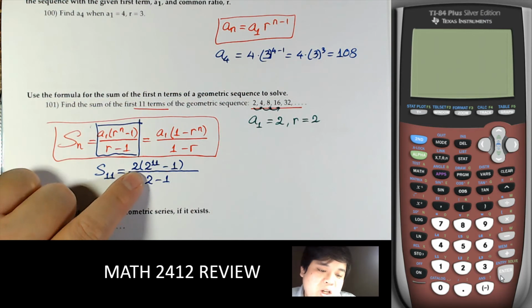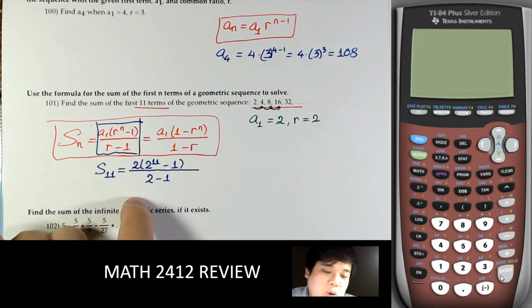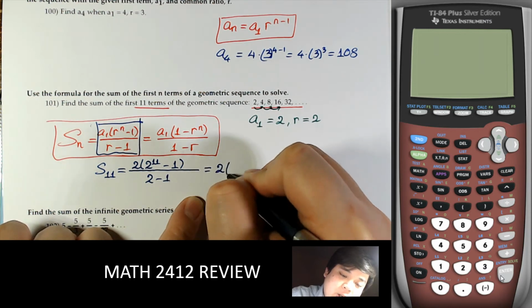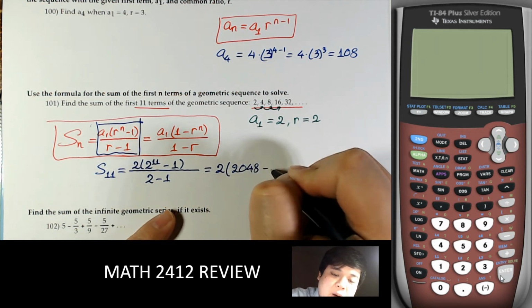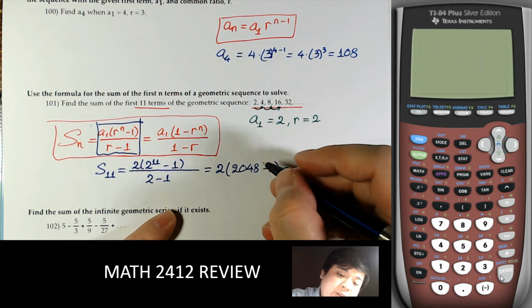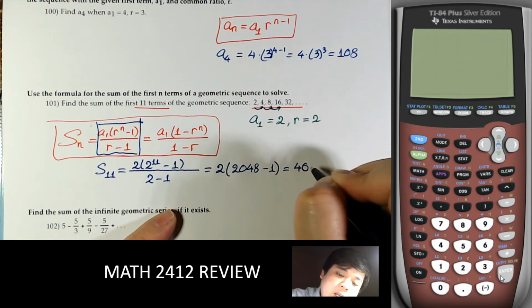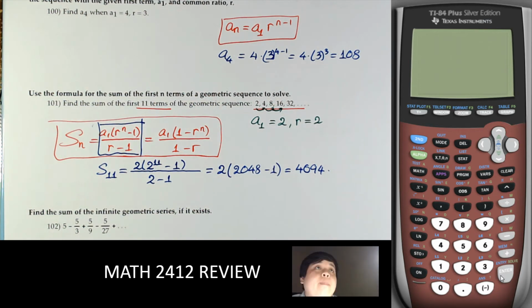So the first term is 2, times 2 to the 11th power minus 1, over 2 minus 1. 2 minus 1 is just 1, so we have 2 times 2 to the 11, which is 2048, minus 1, 2047, multiplied by 2 is 4094. Right, that's what we do.